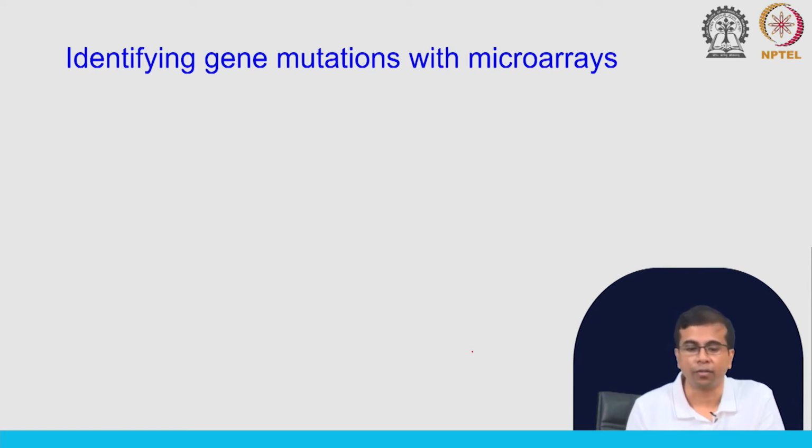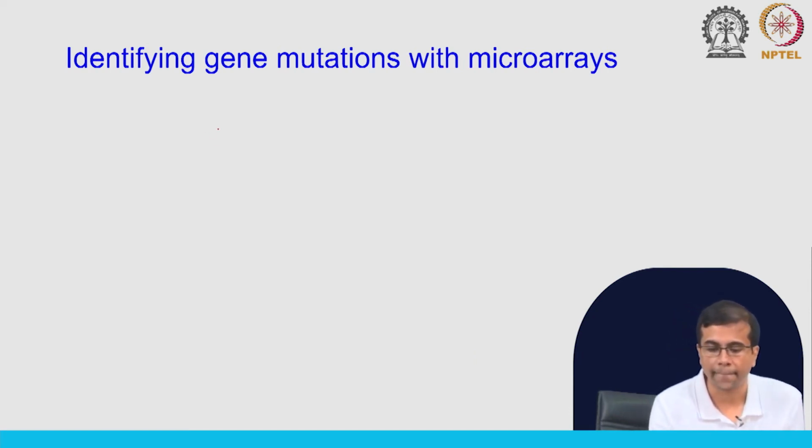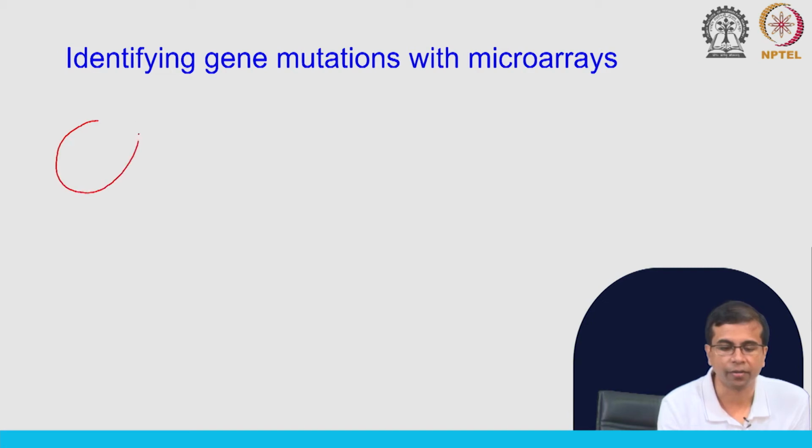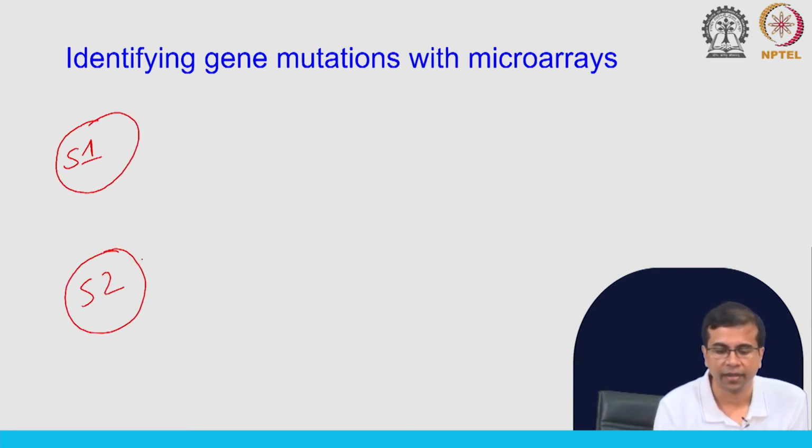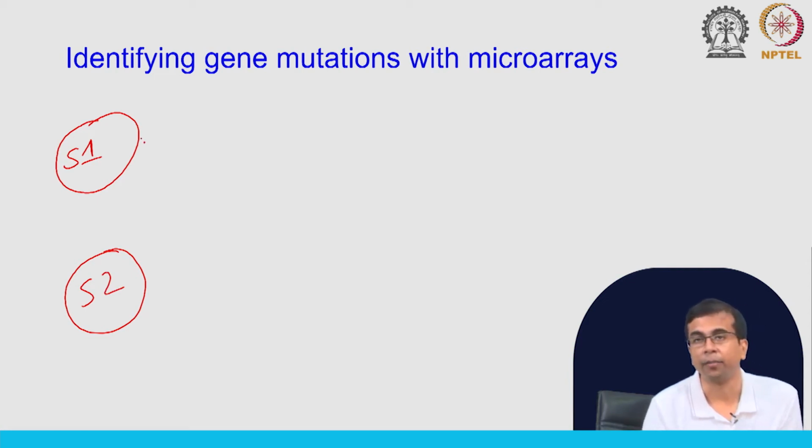Okay. So, let us imagine these two samples. So, you have sample 1 and you have sample 2, and you want to identify which sample contains some mutations in the DNA. Okay.